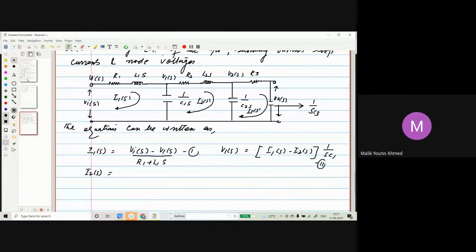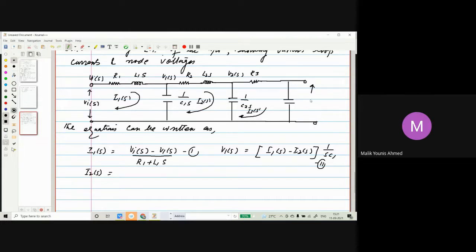I think I will draw the diagram again. There is jumbling, I don't like this.